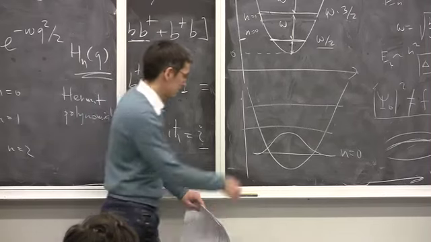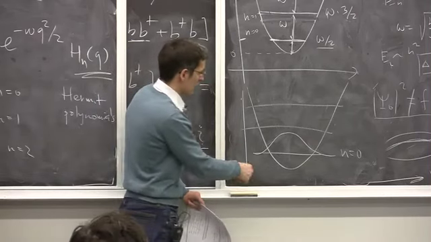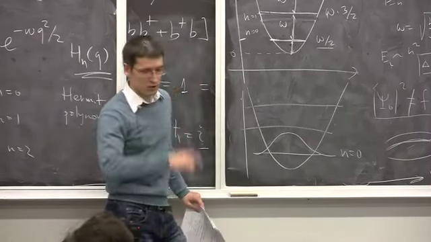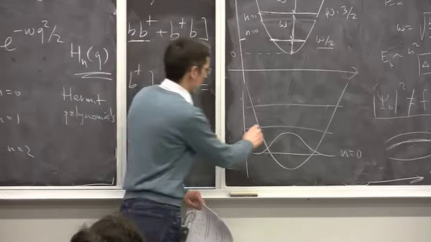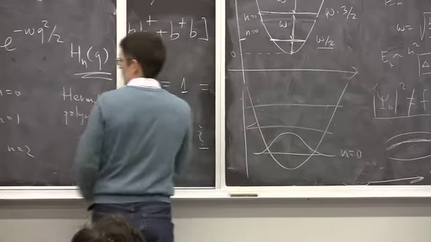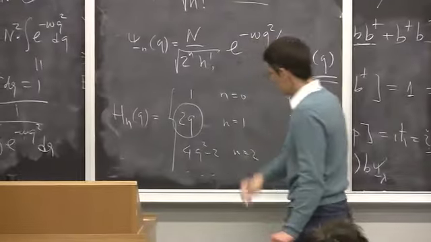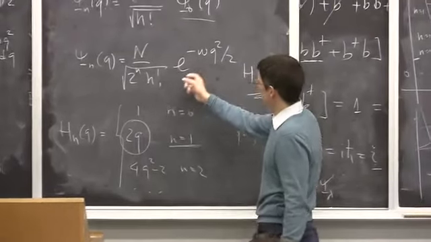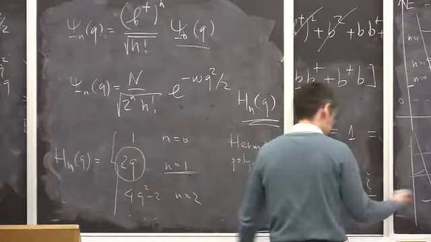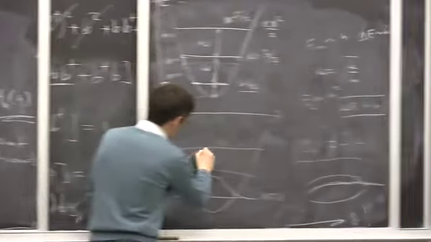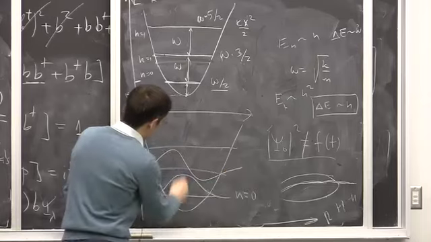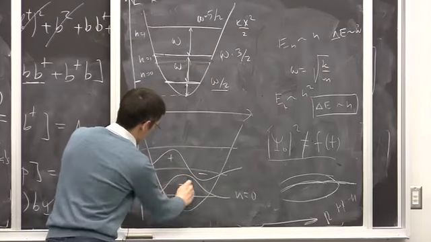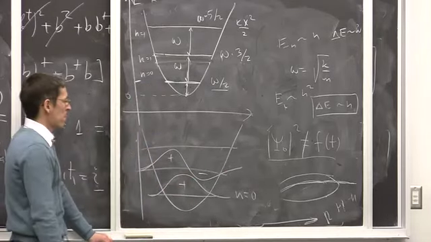And there is no region where the wave function crosses the 0 line. The next function, n equals 1, contains q in front of the Gaussian, so it looks like this, symmetric plus and minus. This is only plus, right?